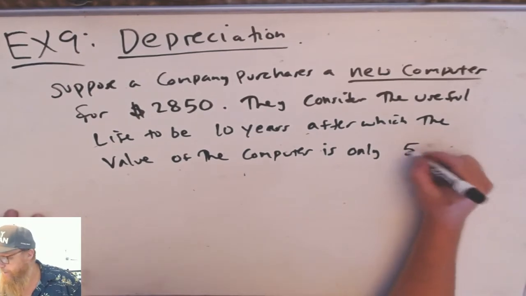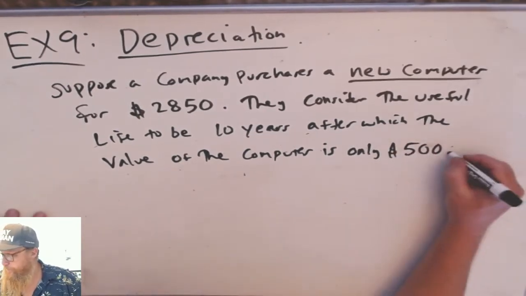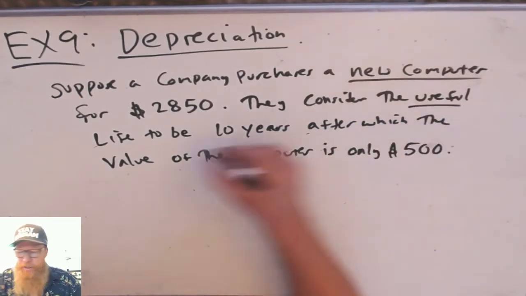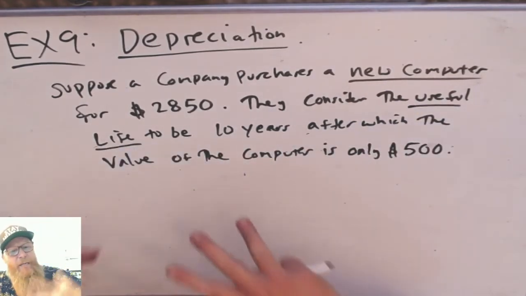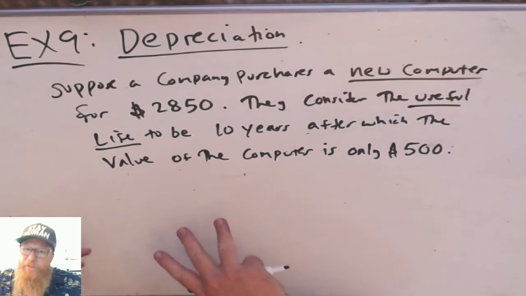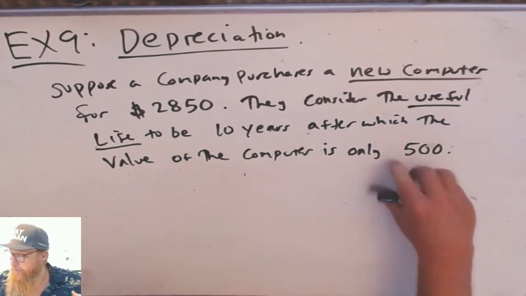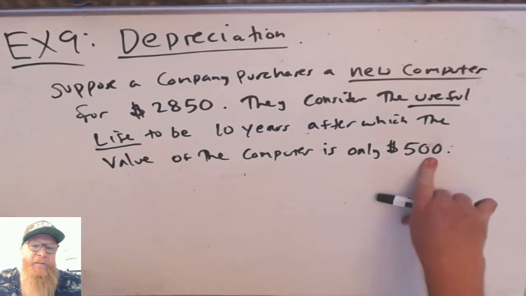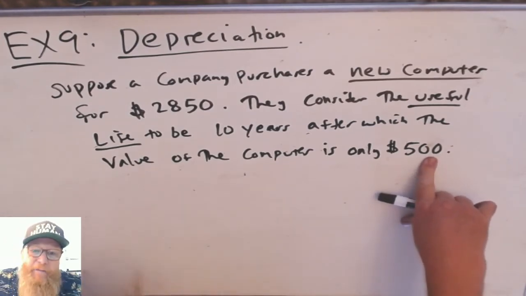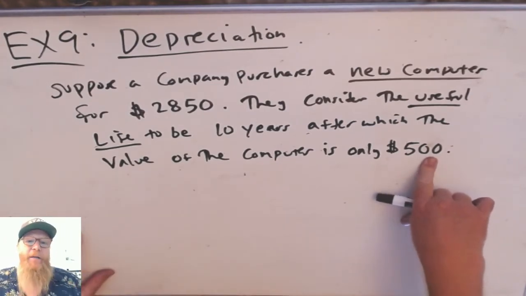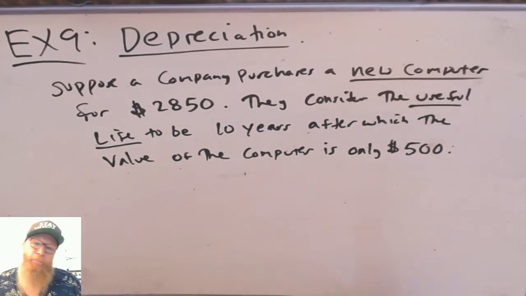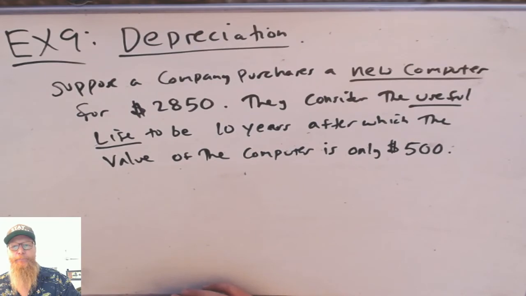It's only going to be worth $500. And I know that's not zero, but we still call it useful life when the value gets so low, close to zero. And in this case, 500 is close enough to zero. We sometimes refer to that as the salvage value or the resale value or the Craigslist value if you wanted to sell it on the internet. In a car, they call it the Blue Book value.